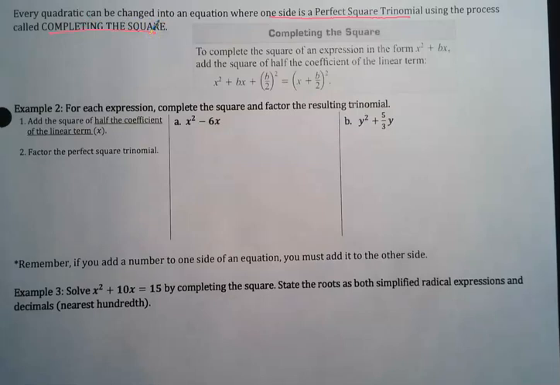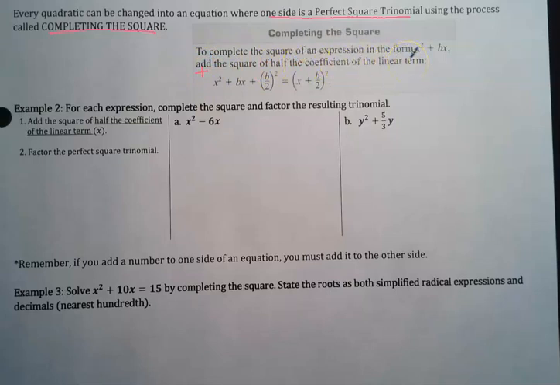To complete the square of an expression in the form x squared plus bx, notice we don't have a c, we're going to add the square of half the coefficient of the linear term.